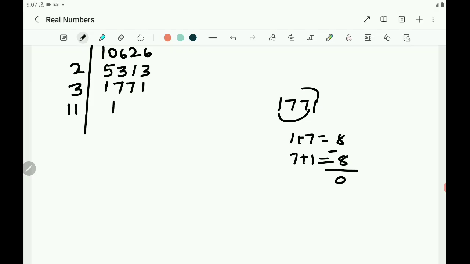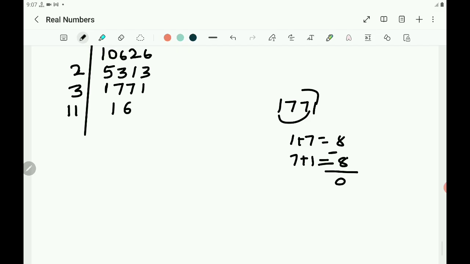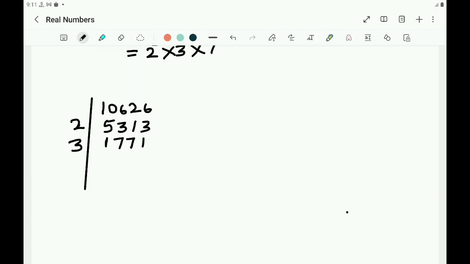Then 17 minus 11 is 6, 67. 67 means 66 you can get here. 11 6s are 66. And 11 ones are 11. Next you got 161. Now check again by 11, is it divisible by 11 or not. The sum of 1 and 1 becomes 2, and 6 minus 2, you will get 4.